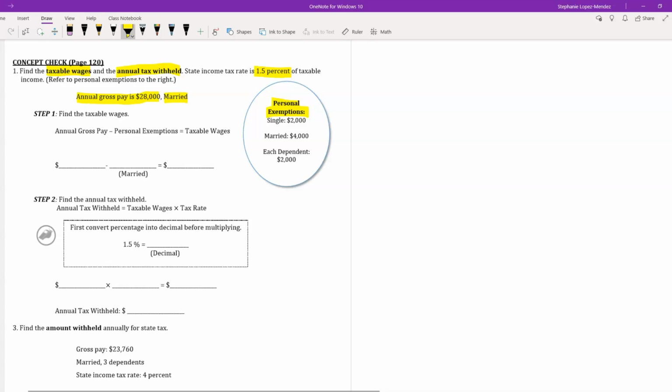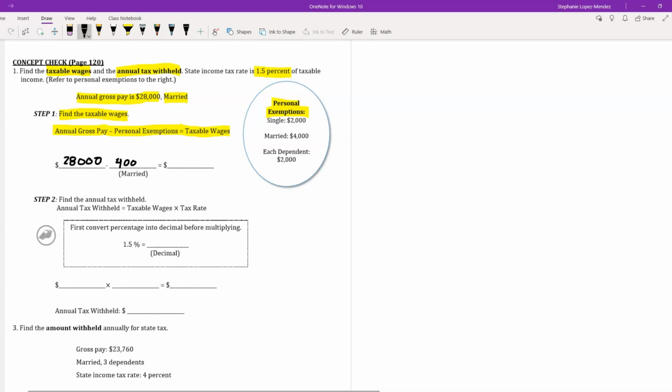So for step number 1, we have find the taxable wages. So our formula, remember, is annual gross pay minus the personal exemptions equals taxable wages. So as annual gross pay, we have $28,000 minus our personal exemptions. In this case, the problem says to use the married personal exemptions.